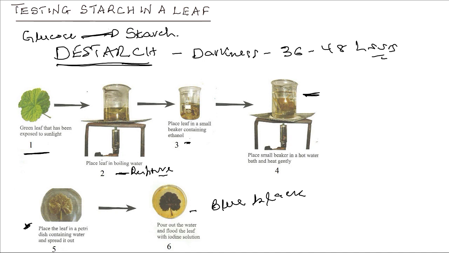So that way we can conclude that photosynthesis has occurred due to the presence of starch in the leaf.